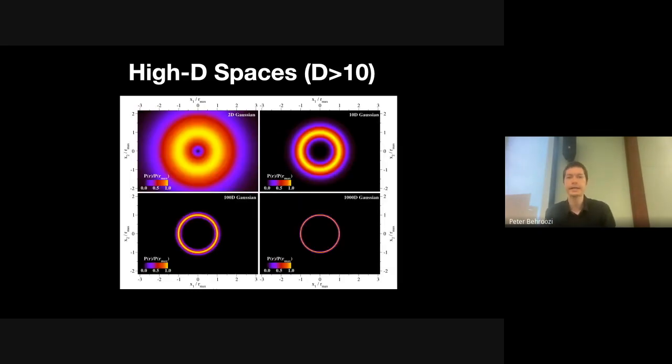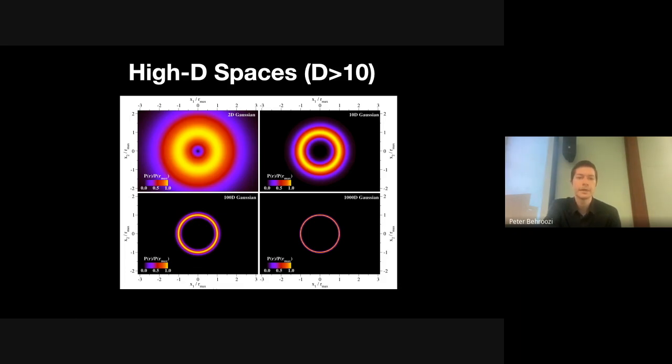And just to visualize that, I've shown here a couple different Gaussian distributions from 2 to 1,000 dimensions. And what's being shown here is just the range of radii in colors that have similar probabilities to the maximal probability radius.